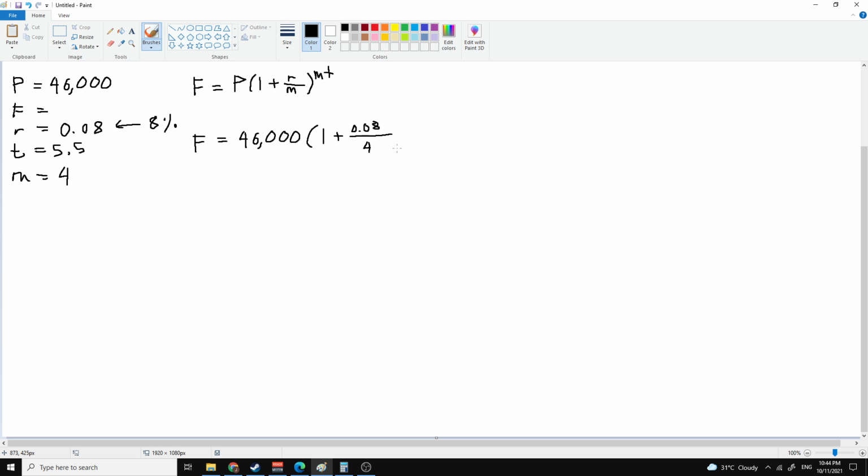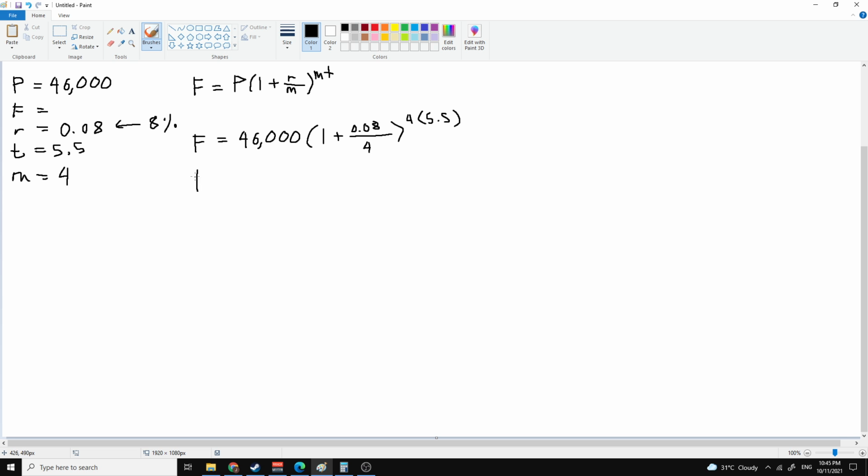That is the amount of times the interest is compounded in a year, because that's what we're focusing on now, just within a year. So 4, okay, so this to the power of 4 times 5.5.